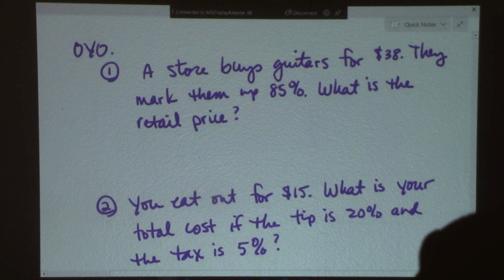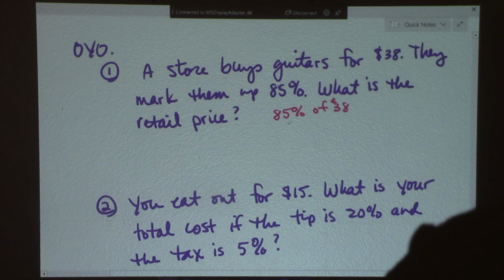All right, we're going to go over these now. So I want to know 85% of $38. So that is 0.85 times 38. And when I multiply that, I get $32.30.